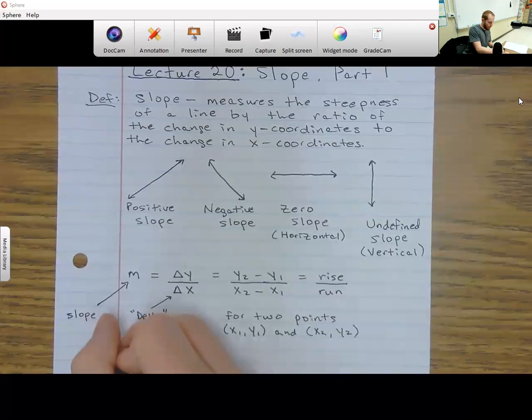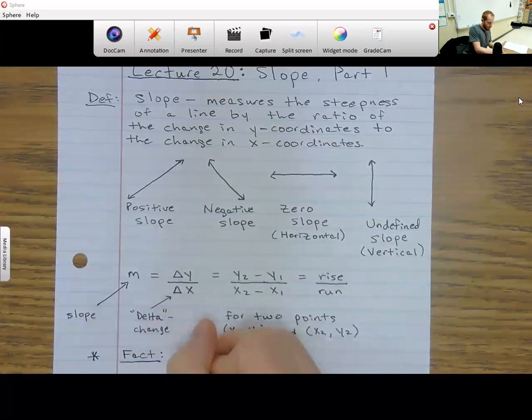I do want to put a fact right here. For the ordered pair x comma y, the x coordinate always comes first.